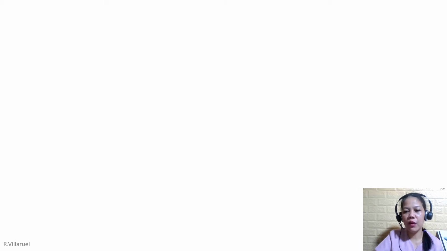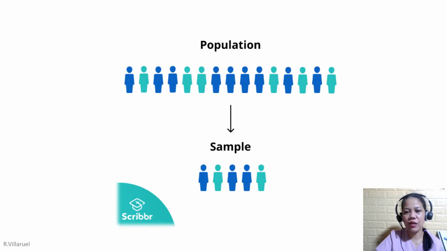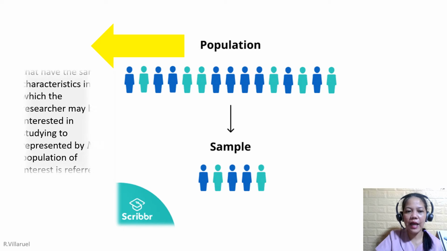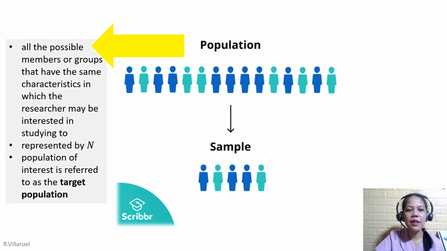Before we move on with the different types of sampling techniques, let us first differentiate population from sample. When we say population, it is defined as all the possible members or groups that have the same characteristics in which the researcher may be interested in studying too.